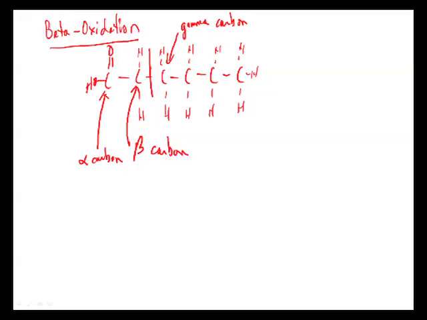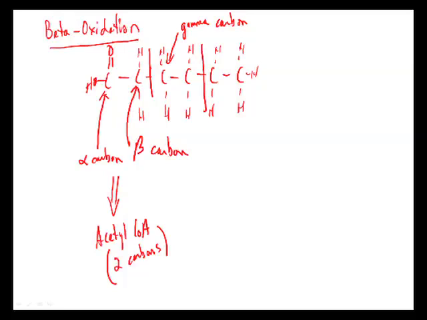And what results, when all is said and done, is ultimately an acetyl-CoA molecule, which has 2 carbons to it. Now we still have 4 carbons left on this fatty acid chain. So beta oxidation will occur again. This now has become the alpha carbon, and this the beta carbon.